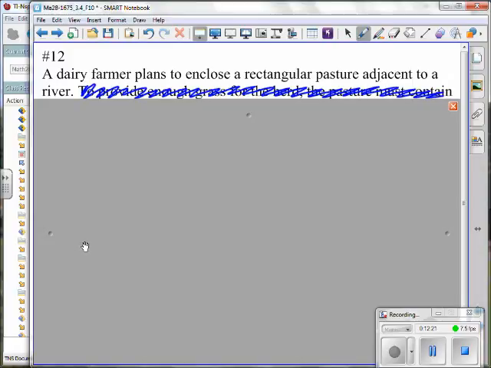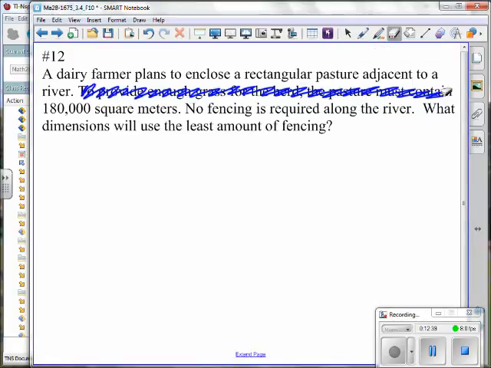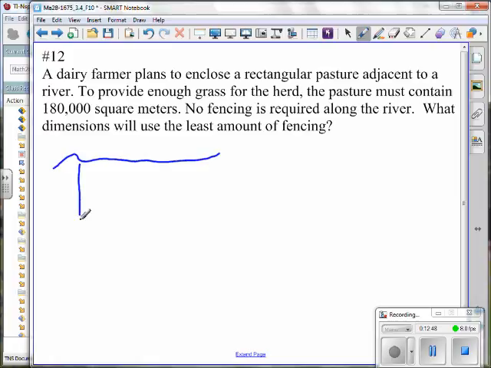What's that going to look like? Okay? I'll get out there and see in just a minute here. My picture would look probably something like that. Here's my river. There's my rectangular pasture. Okay?